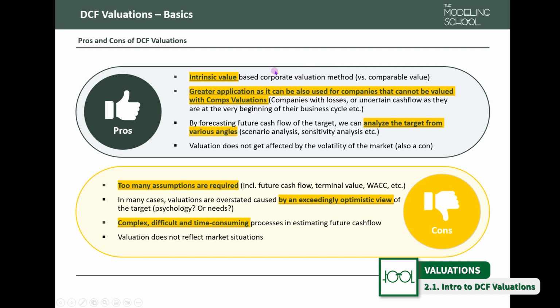By intrinsic value, we mean that we're trying to figure out the real value of the company that's not affected by any external market situations or how your peers are doing, how the market is doing. We're not going to be affected by any of those external influences. We're just looking at the company itself. So by doing DCF valuations, we can know the true value of the specific company. That's one of the biggest advantages of DCF valuations.